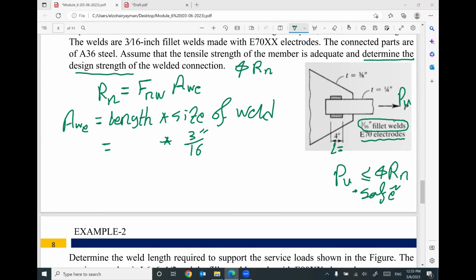Any other answer? Eight. Any other answer? The length of your welding will be 8.